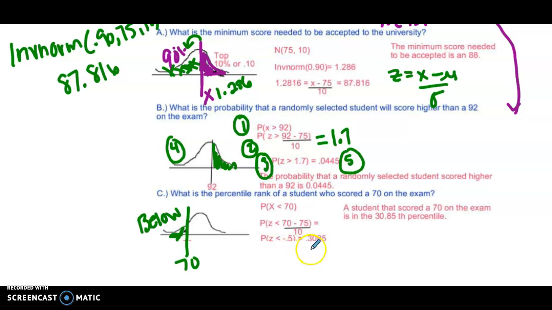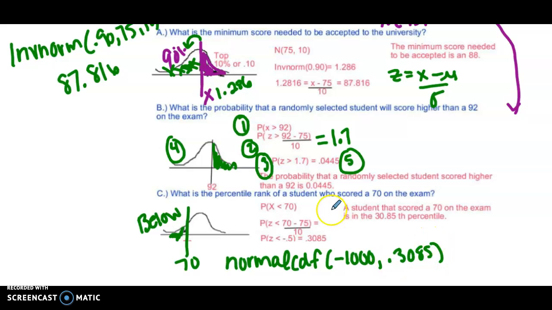Here's my z-score. Now remember, to get that probability statement, you're going to use the normal CDF. Lower bound is negative 1,000 since it's anything below 70. Upper bound is the z-score, negative 0.5.